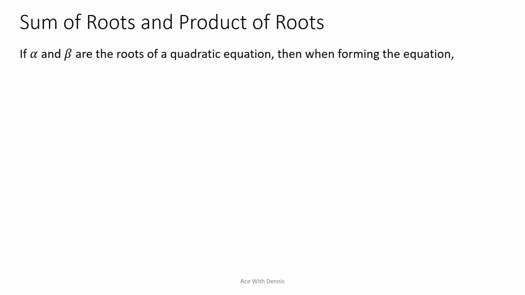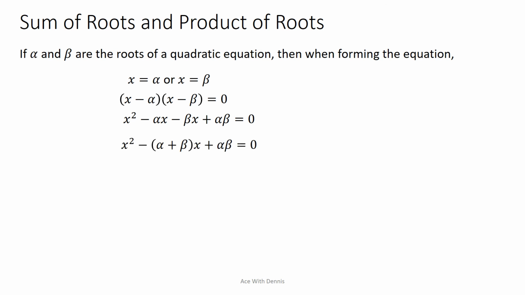If alpha and beta are the roots of a quadratic equation, then when forming the equation, x equals alpha or x equals beta, x minus alpha times x minus beta equal to 0, x squared minus alpha x minus beta x plus alpha beta equal to 0, x squared minus bracket alpha plus beta x plus alpha beta equal to 0.